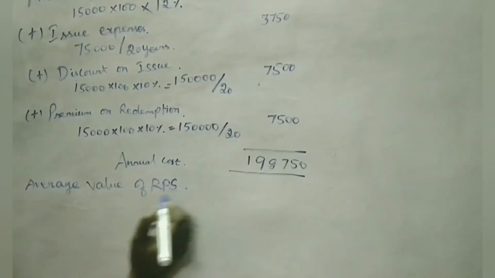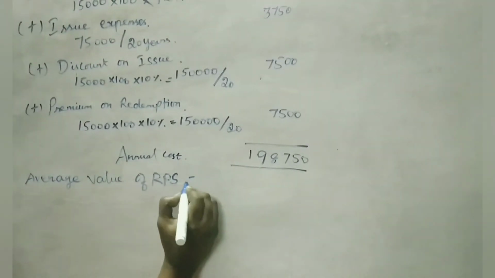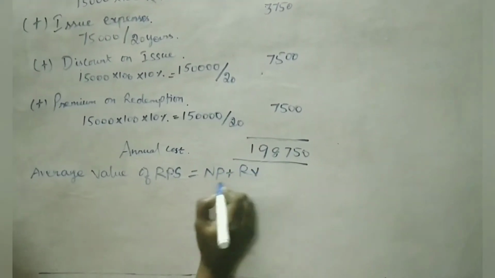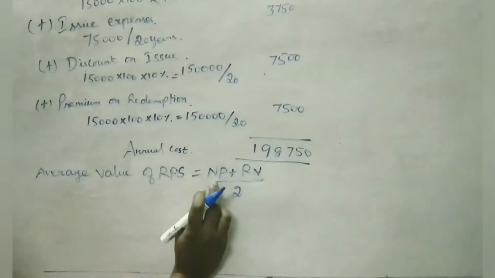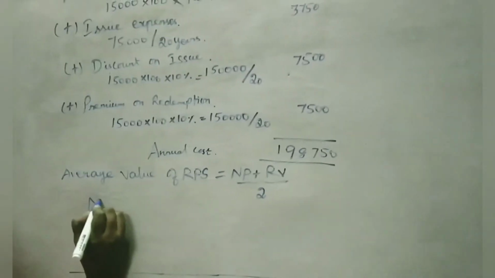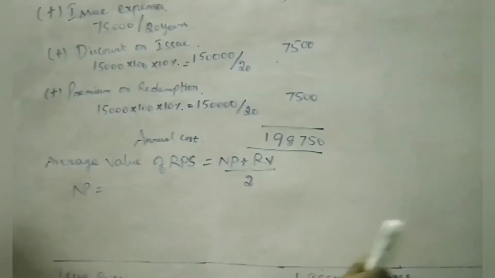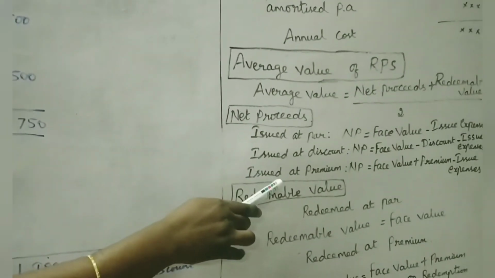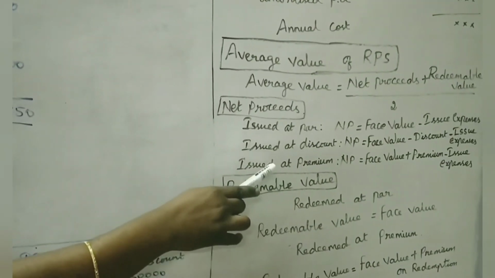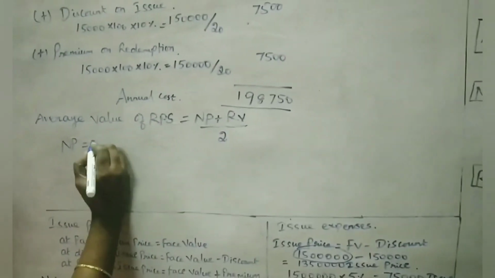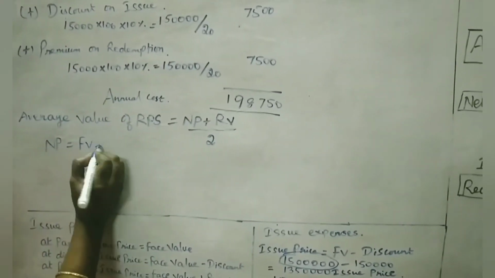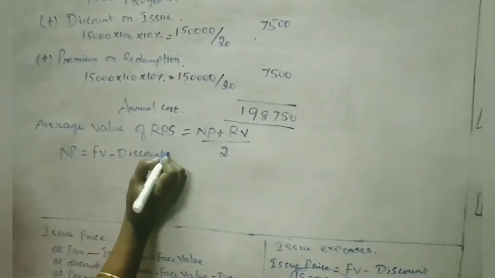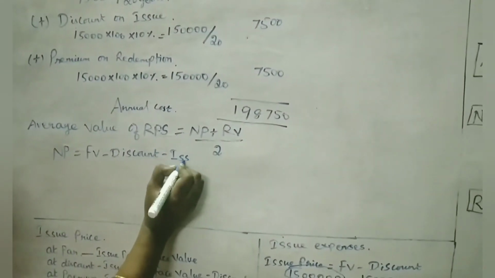Next, find out the average value of redeemable preference shares. Average value is equal to net proceeds plus redeemable value divided by 2. Net proceeds, in case it is issued at discount, face value minus discount minus issue expenses.